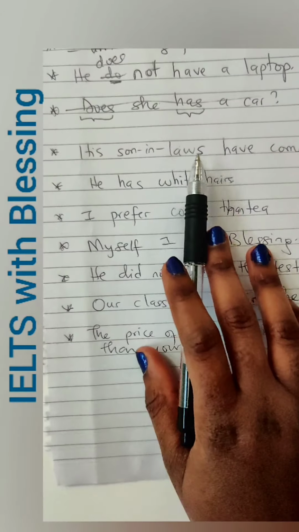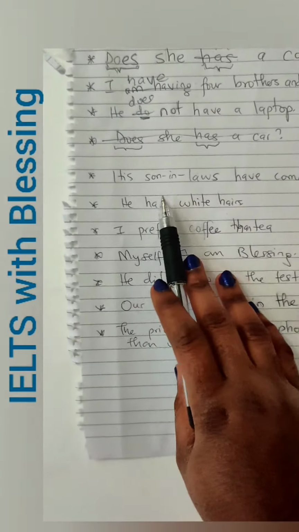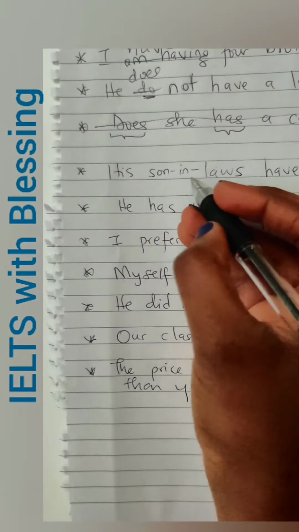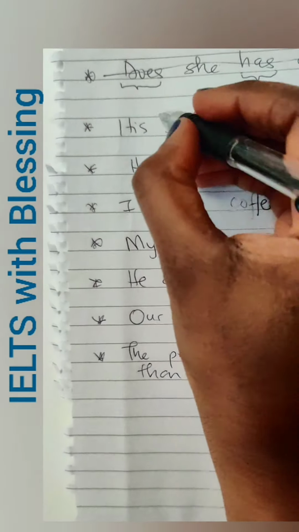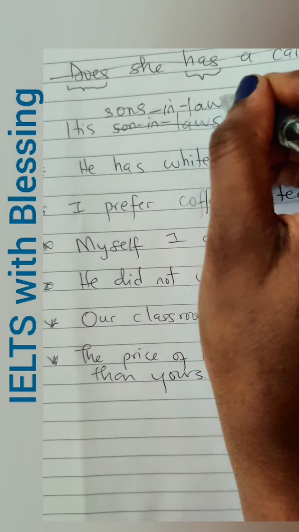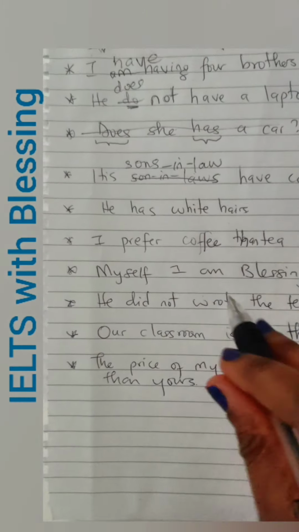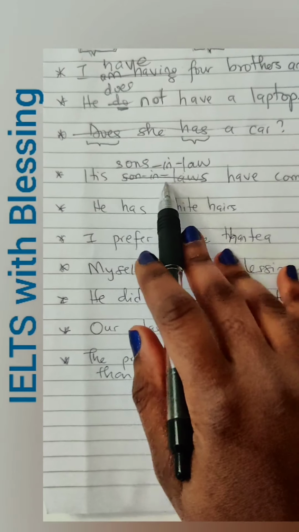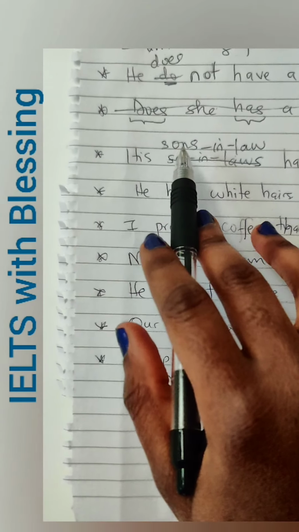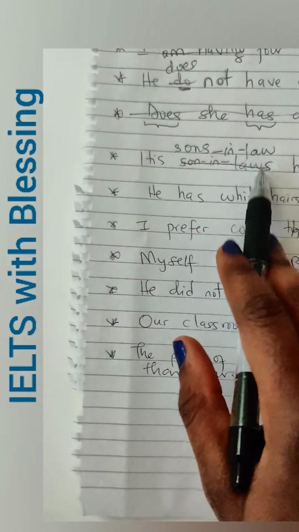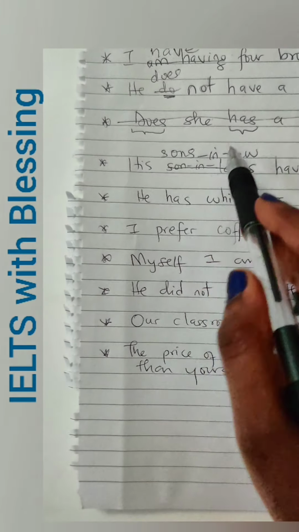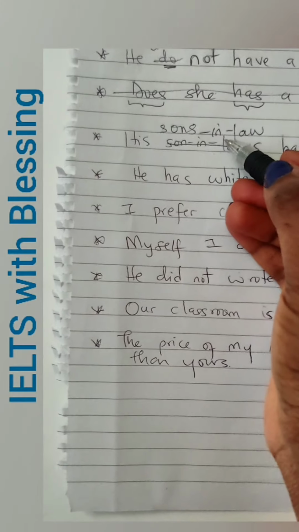So his son-in-laws have come home. The correct form of that would be his sons-in-law have come home. So let's cross out the wrong one. This one would be sons-in-law. So when you want to pluralize son-in-law or daughter-in-law or mother-in-law or father-in-law, you don't need to pluralize the law.